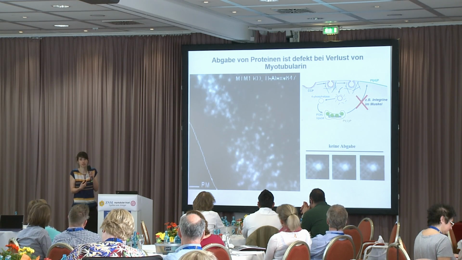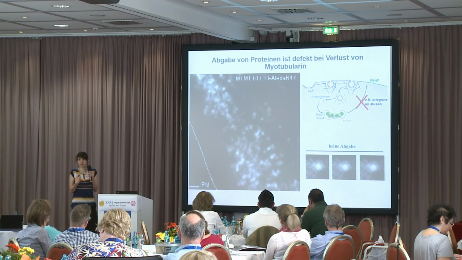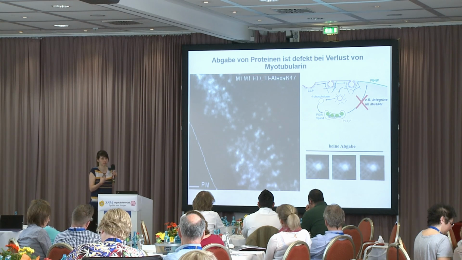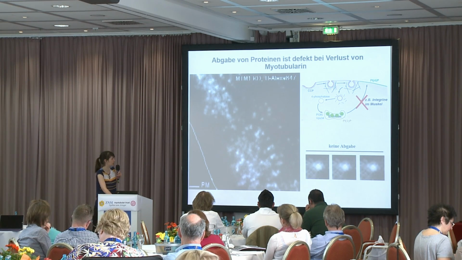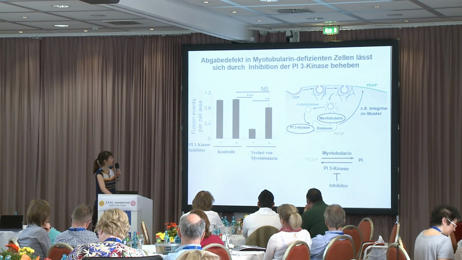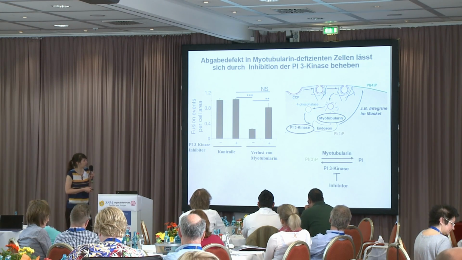That means that the integrin that is important for muscular structure cannot be transported to the outside, and muscular cells cannot properly develop, and these integrins remain in the inside of the cell. That means that muscular fibers are not fully developed.